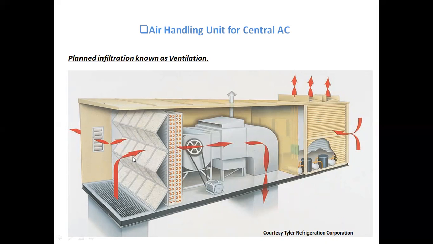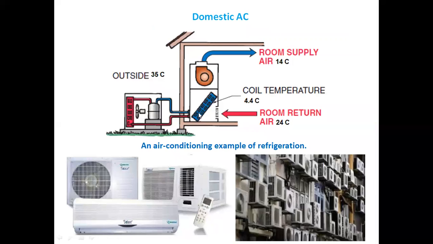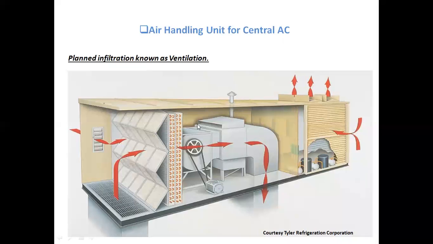As you can see, the outside air is sucked in and first filtered, then passes over the cooling coil, which comes from the VCR cycle, same as in the small AC, and cools down the air. The blower sucks that air and supplies it to the room, and part of the air is supplied back in order to improve the efficiency of this central AC.